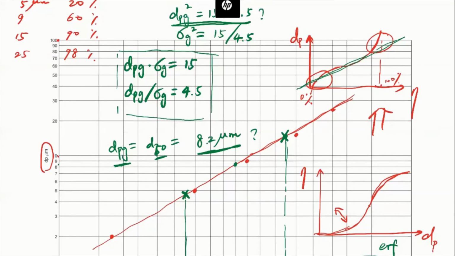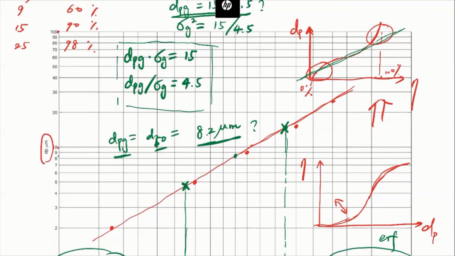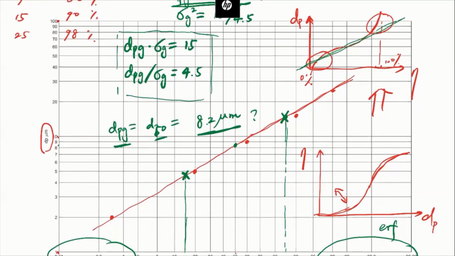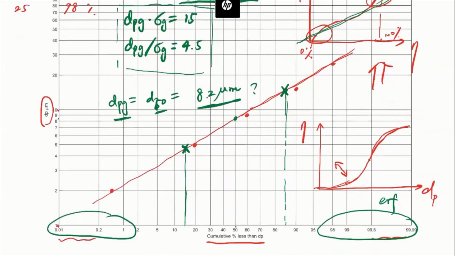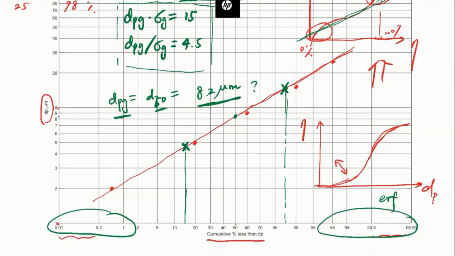Theoretically they should be exactly the same, but normally when we use this plot to identify the data points, they may differ by a little bit. So we can calculate in this way and then take the average, which is going to be more accurate. Based on this equation, we can calculate sigma g. This is all by just using this simple semi-log plot. Basically, we can get a lot of information out of it.